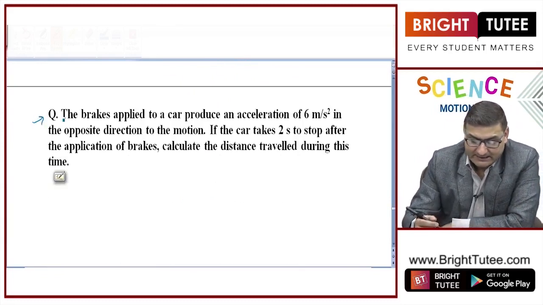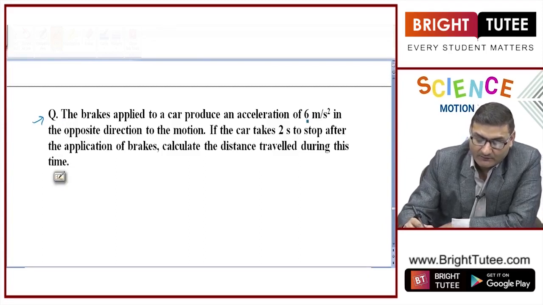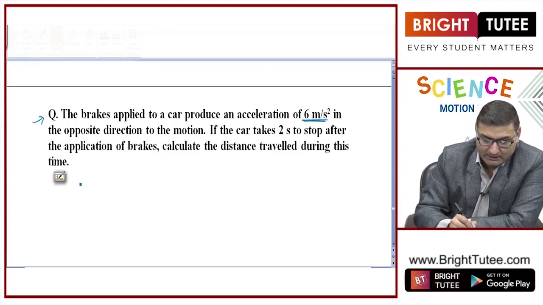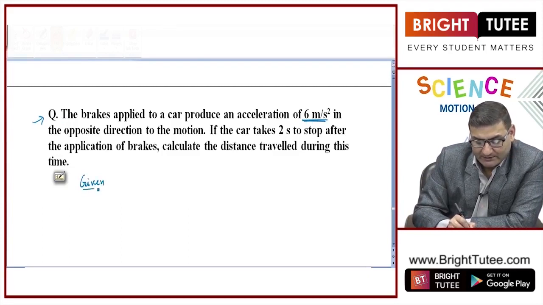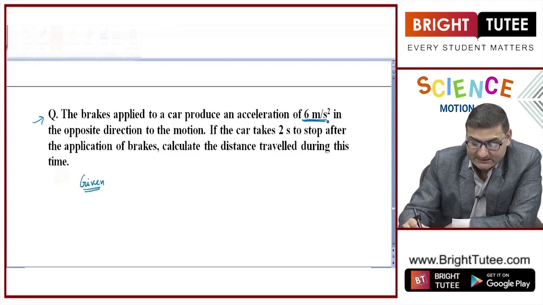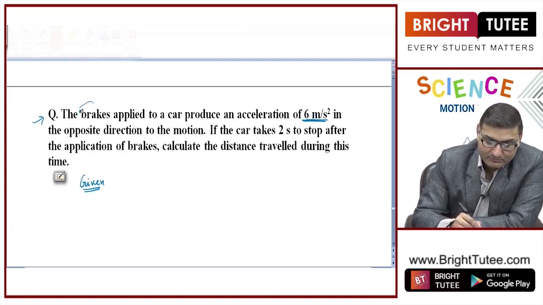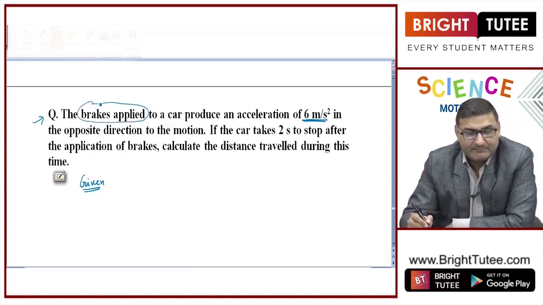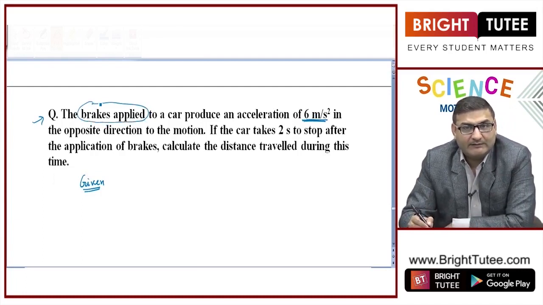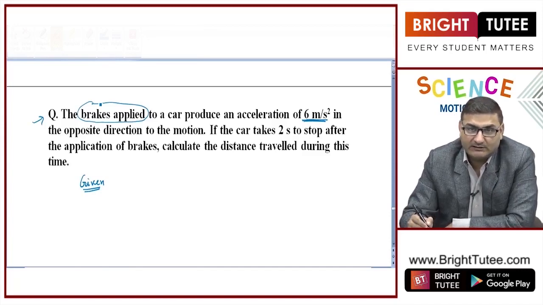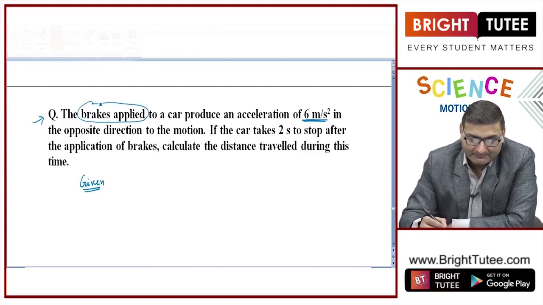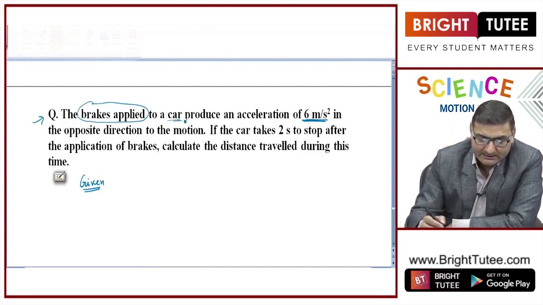The brakes applied to a car produce an acceleration of 6 meter per second square. Now students, you don't have to get confused. This acceleration is given as positive, but in this question brakes are being applied, and whenever brakes are applied, the acceleration is going to be negative because the brakes slow down the velocity of the object, which in this case is a car.